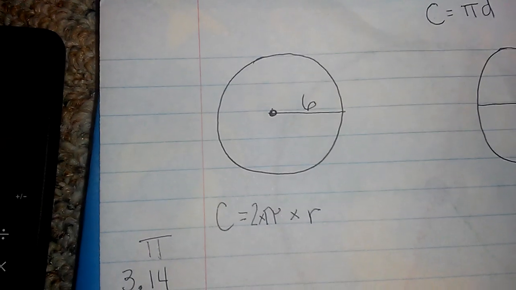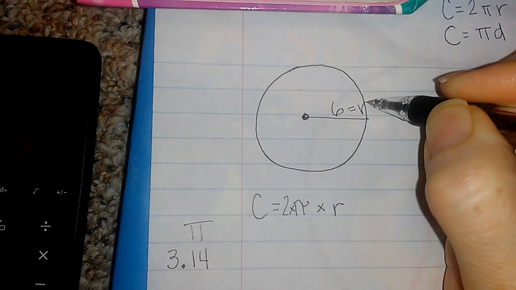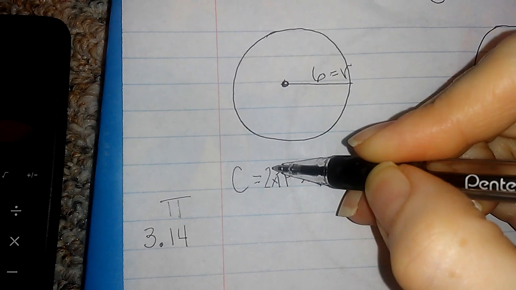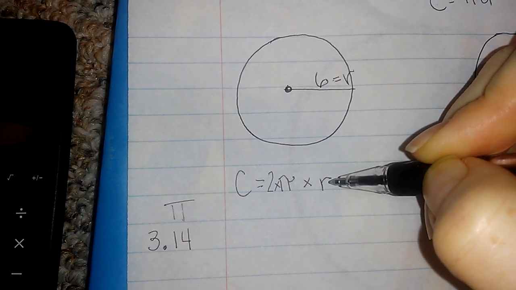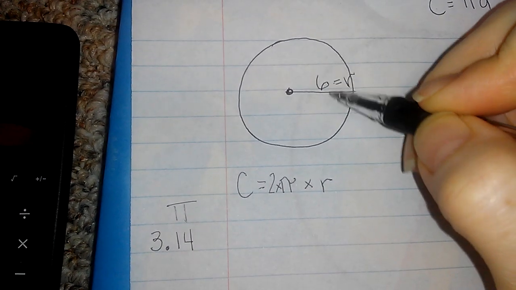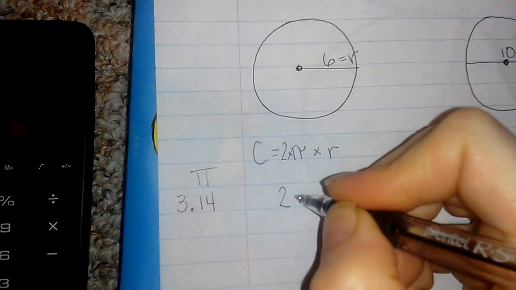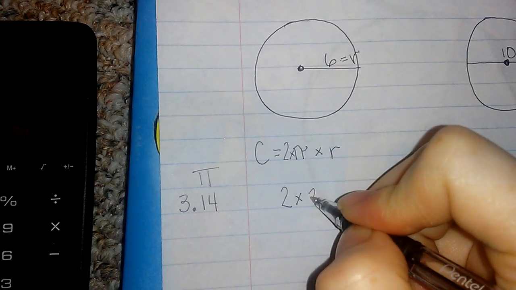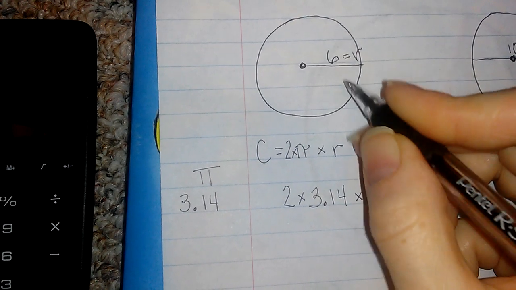When I look at this, we already have our radius. Our radius is 6, so r is equal to 6. I'm going to take our formula, 2 times pi times r, and plug things in. I have my pi, 3.14, and I have my r, 6. So instead of writing the pi symbol, I'm going to put 3.14 times r, which is our 6.